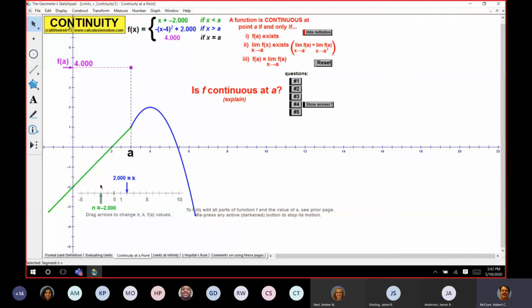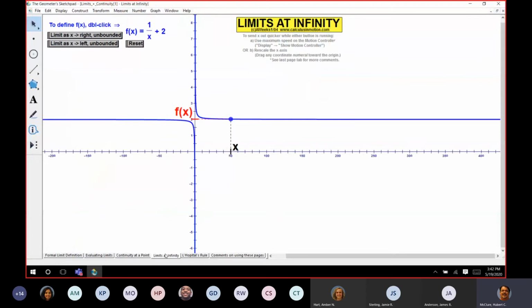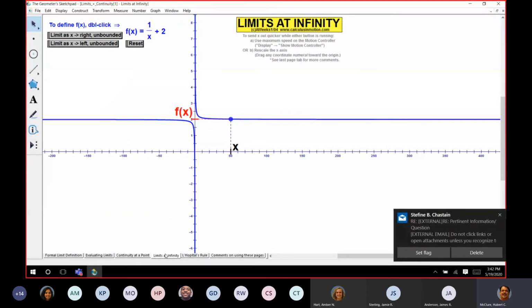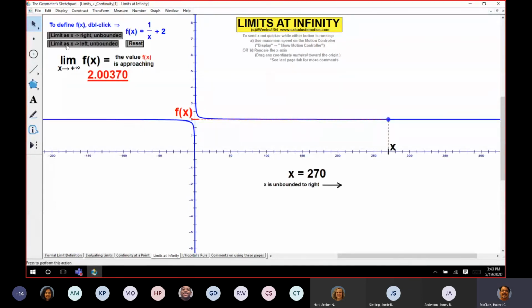Here's an example of the limit does not exist. Okay? There we go. Well, you can do it that way also. As I'm approaching from the left, well, where is it? There.